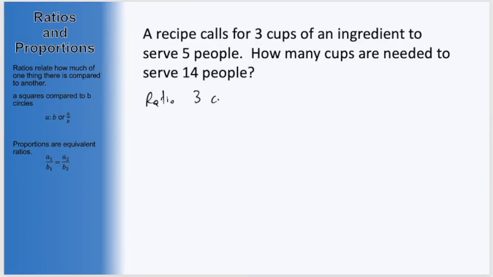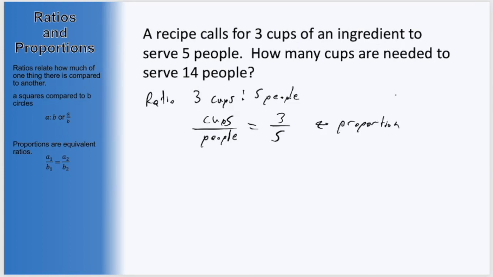There are 3 cups to the 5 people who can be served, or written as a fraction, we'll do cups over people, so 3/5. Now this right here, we can interpret as our proportion. The number of cups over the number of people should always be equal to the ratio 3/5.